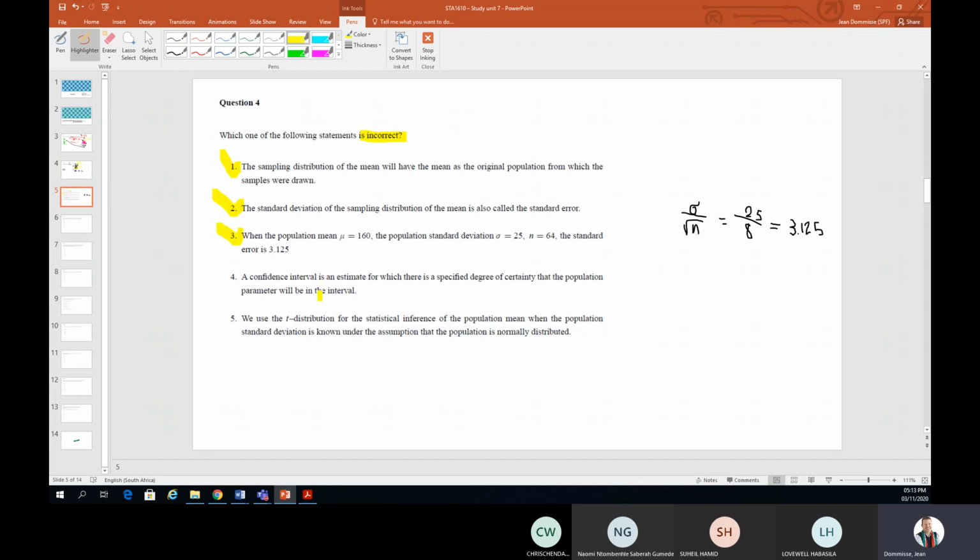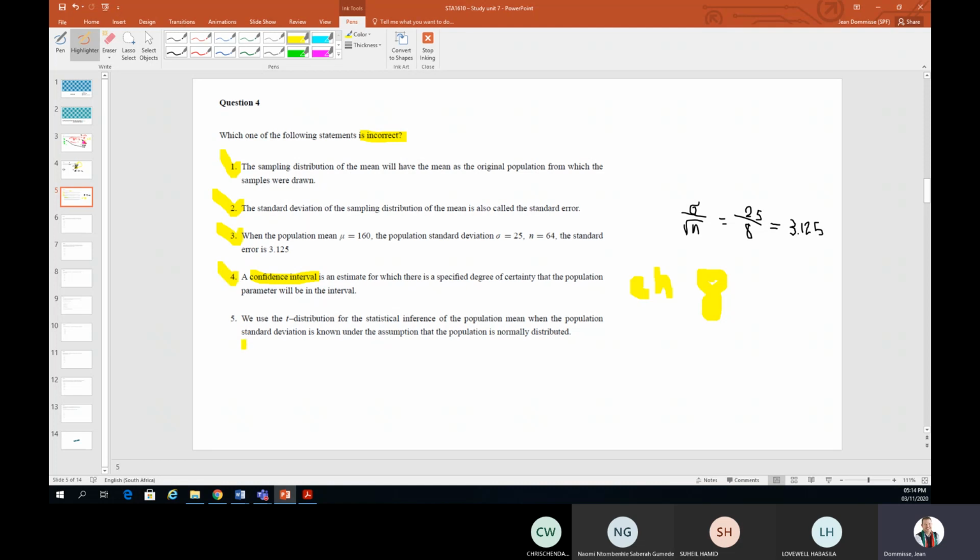A confidence interval is an estimate for which there is a specified degree of certainty that the population parameter will be in the interval. Yes, but that is only in chapter 8 that we actually do that, because that's for confidence intervals.